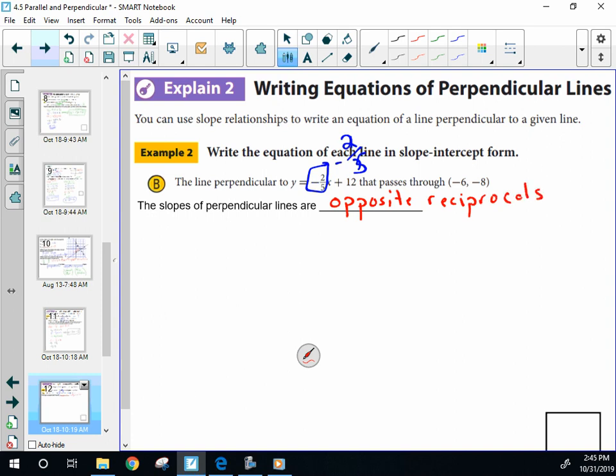So my new line has to have a slope opposite. So it was negative, it will become positive. The reciprocal means I'm going to flip 2/5: the numerator becomes the denominator and the denominator becomes the numerator. So if I flip 2 over 5, it becomes 5 over 2. So my slope is 5 over 2, and I want my equation to go through the point negative 6, negative 8.